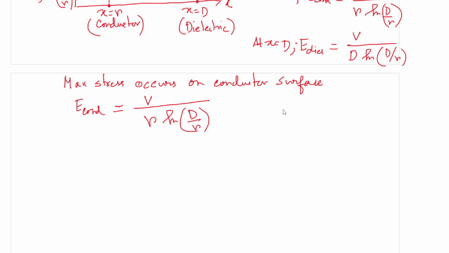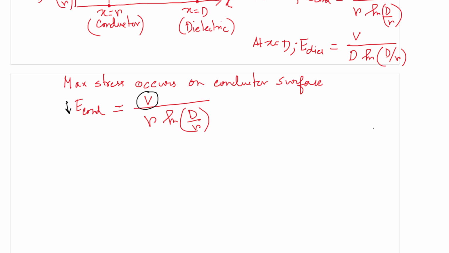Now, in order to minimize E, in order to minimize stress on the conductor surface, what is the way? You see, this V is constant, you cannot alter it.